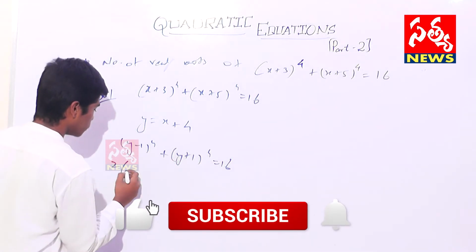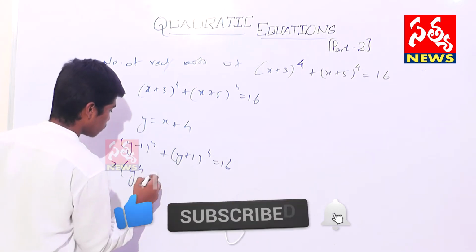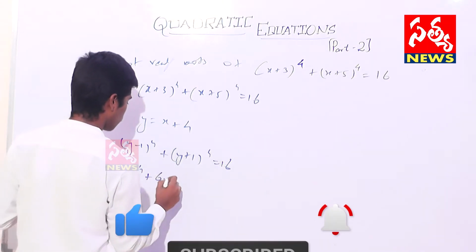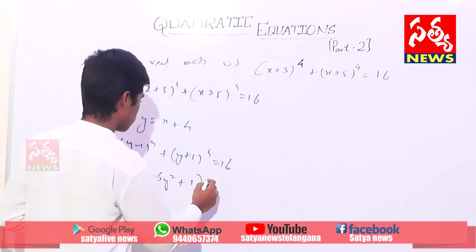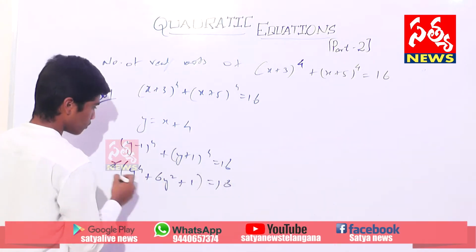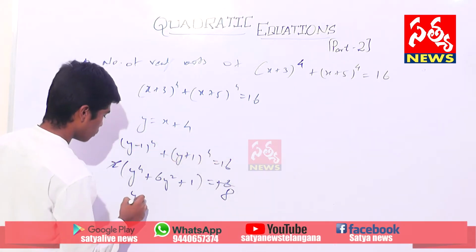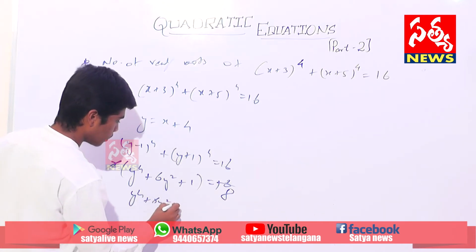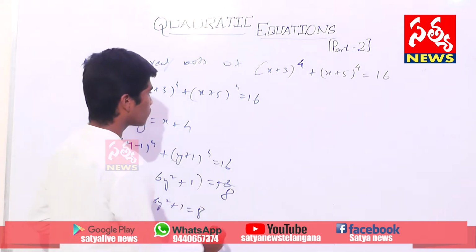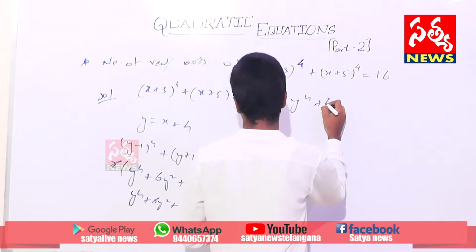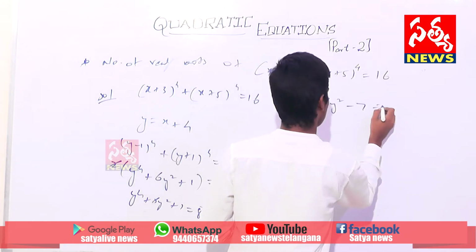Now its calculation is 2(y^4 + 6y^2 + 1) = 16. Now 2 1s, 2 8s: y^4 + 6y^2 + 1 = 8. y^4 + 6y^2 - 7 = 0.